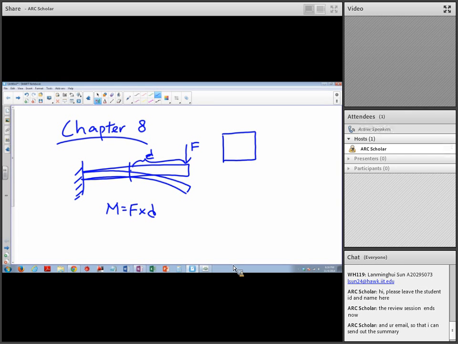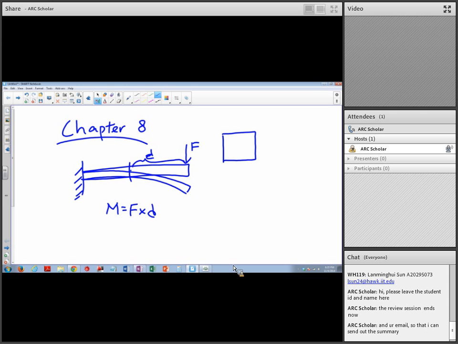Now in chapter 8, we are focusing on finding the stress at any point of the cross section. Can you imagine this? This is the bar, and when there is a force coming here, the bar curves like this. If I cut through here, there is stress at any point of the cross section.